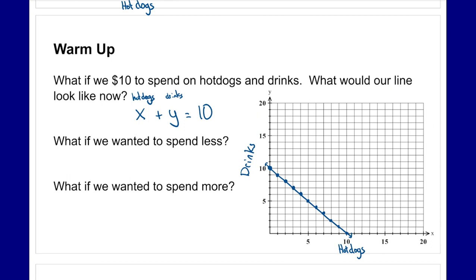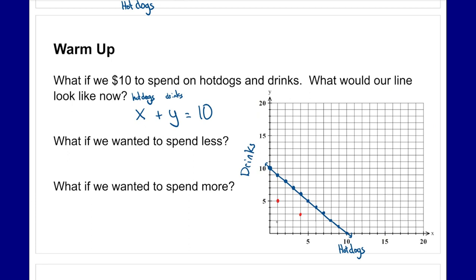Now, what if we wanted to spend less than $10? What would that look like? Well, let's think of it. What would be a point where we would be spending less than $10? Well, if everything along this line is spending $10, then spending less than $10 would be like a point over here or over here.